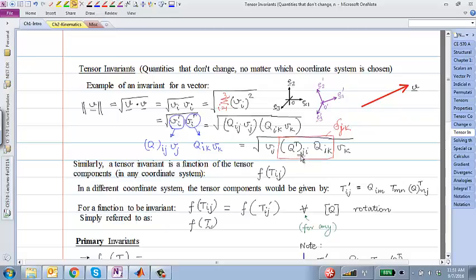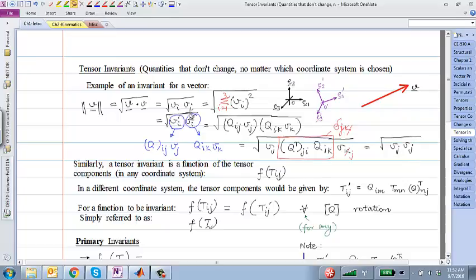The first component here and the second component here give me delta Jk. Now I can simply contract out K, replace that with J, and what I get is square root of Vj, which is exactly the same thing as square root of Vi, right? I and J both are dummy indices, so I can replace that with Vi.